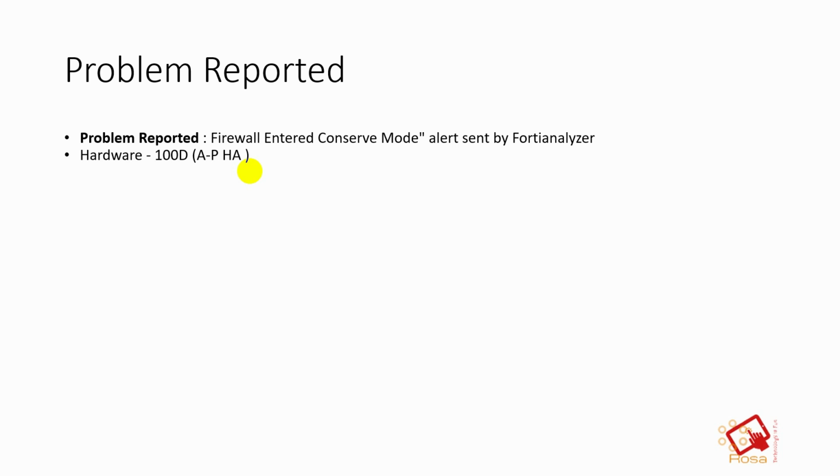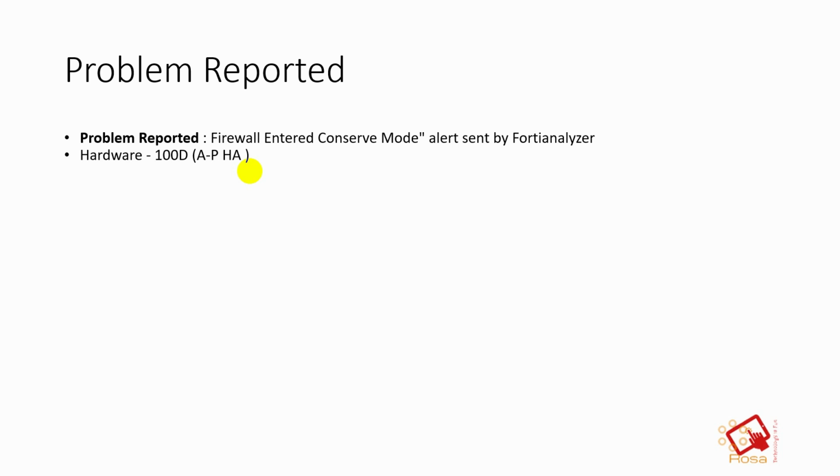While troubleshooting and identifying that issue, I came across applying the DOS policy on the FortiGate. Once I applied the DOS policy, I could reduce the attack, and my firewall was not going beyond the memory usage threshold for conserve mode.